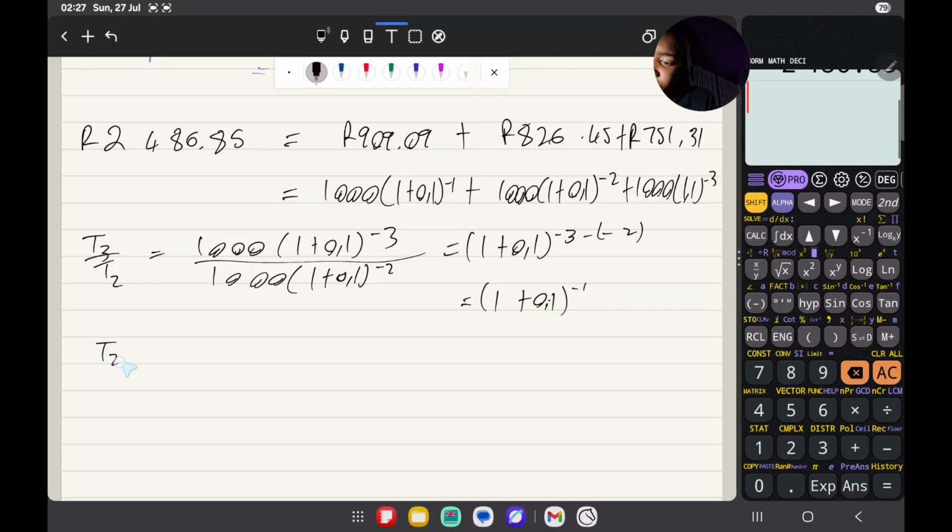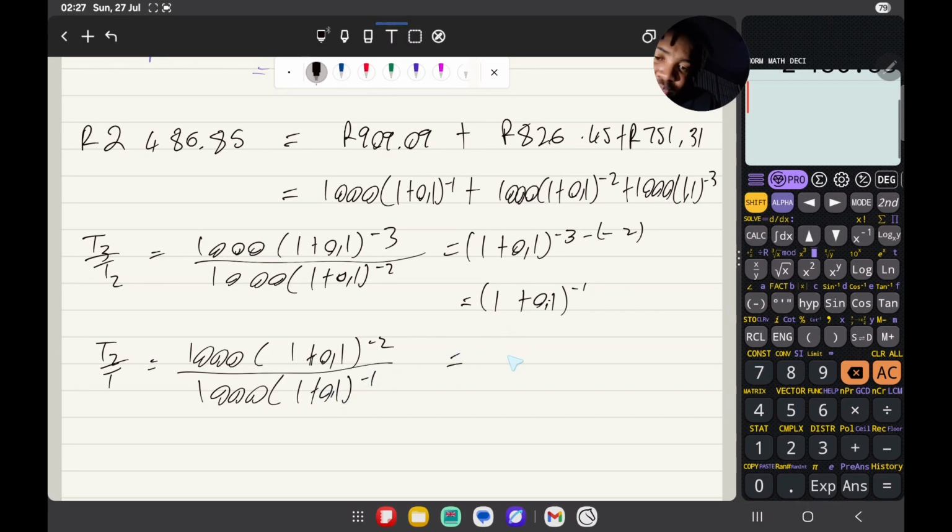Let's test it for the last time. 1,000 into (1 plus 0.1) to the negative 2, and then T2 over T1, 1,000 into (1 plus 0.1) to the negative 1. It's going to be the same thing.